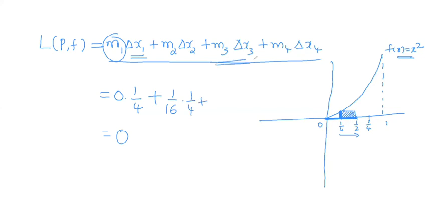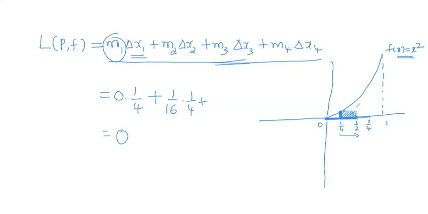So what is the third term? m3 into delta x3. What is m3? m3 is the minimum value of f of x in the interval 1 by 2 to 3 by 4. Once again, as the function is an increasing function, the least value of f of x in this interval corresponds to the least value of x. In this interval, the least value of x is 1 by 2.